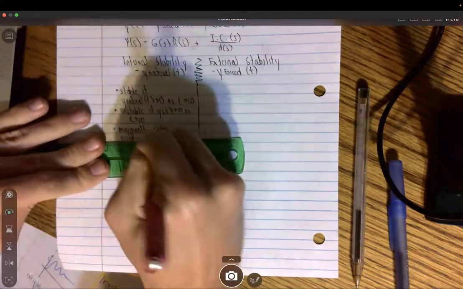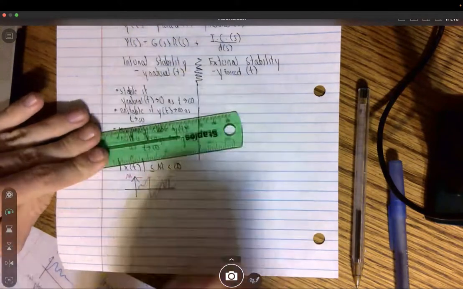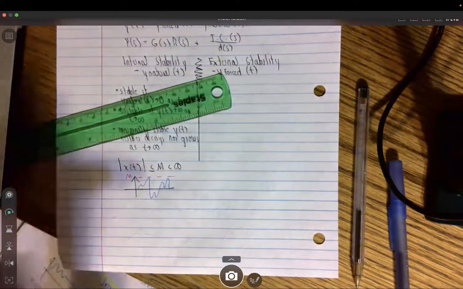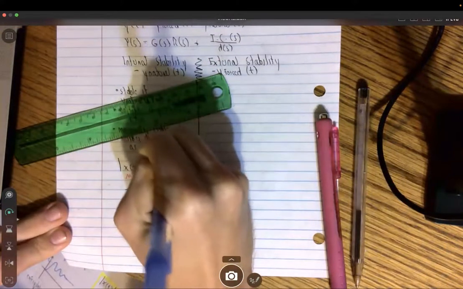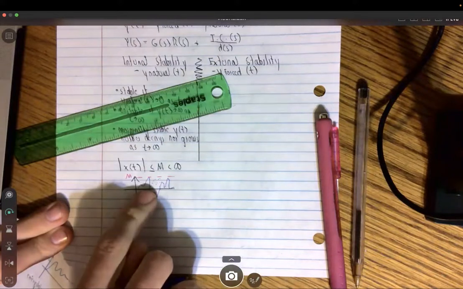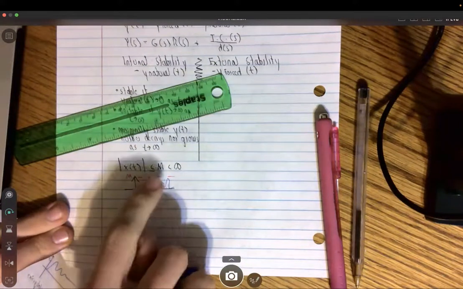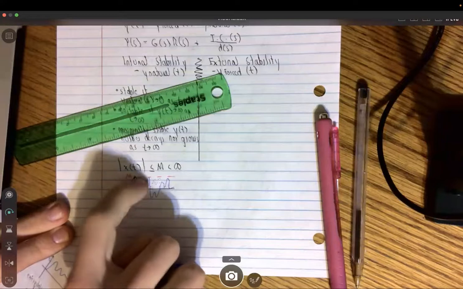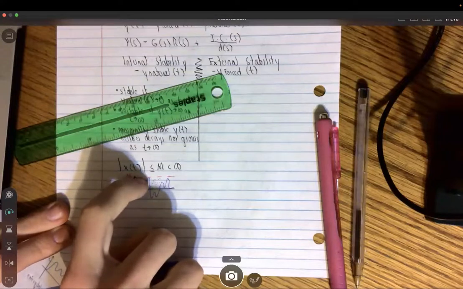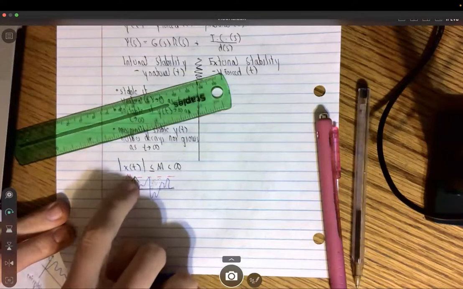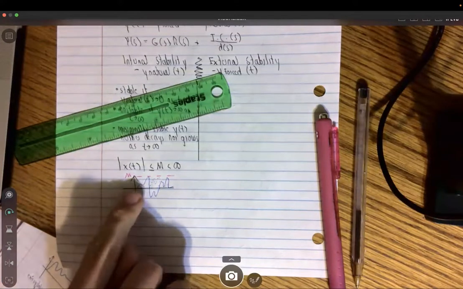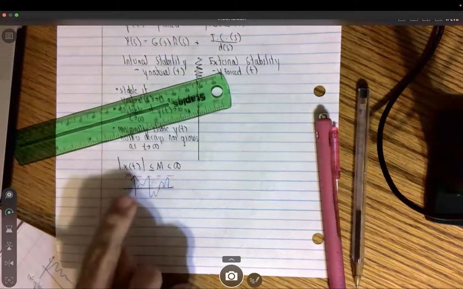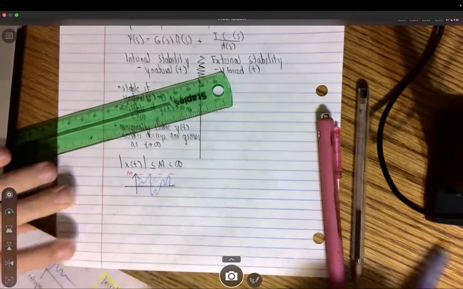So here, it is less than m, and so that is less than infinity, so it is bounded. It's not going to pass m, and it's not going to approach infinity. So m is just some finite number, so it will never approach infinity. So it's just saying that this is a bounded signal.